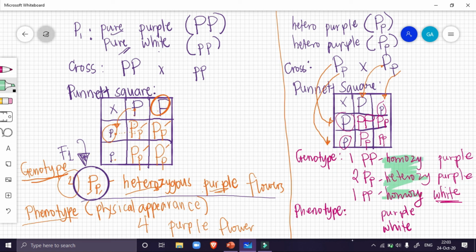Wala na tayong pakialam kung homozygous siya or heterozygous. So, purple. Ilan yung purple natin? Ito purple din. So, 1 plus 2, we have 3 purple flowers. And white is 1. So, this is 3:1 or 75% purple is to 25% white. I hope you understood that example.